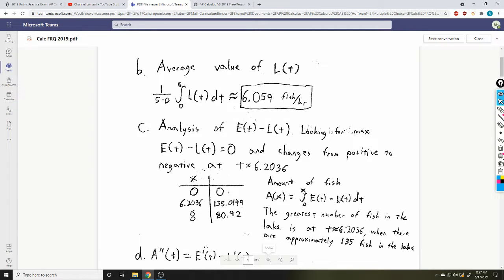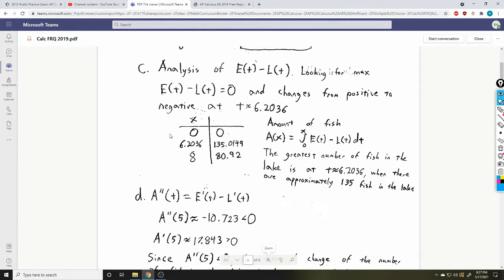And the amount would be the integral of the rate in minus the integral of the rate out. So I already know that at 0, there are no fish. And I could plug into my calculator to get out what the values are at 6.2 and at 8. And which one's the biggest? It's the one that's 135. That is my maximum amount of fish in the lake.